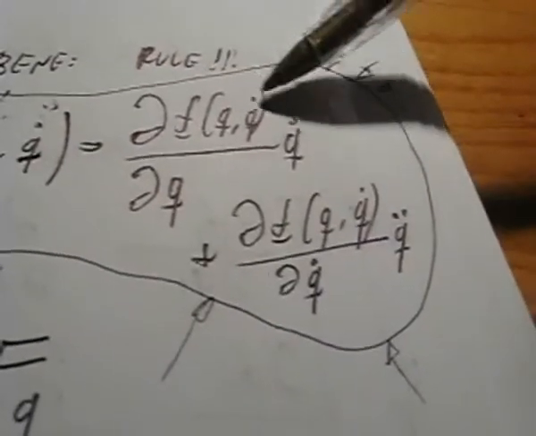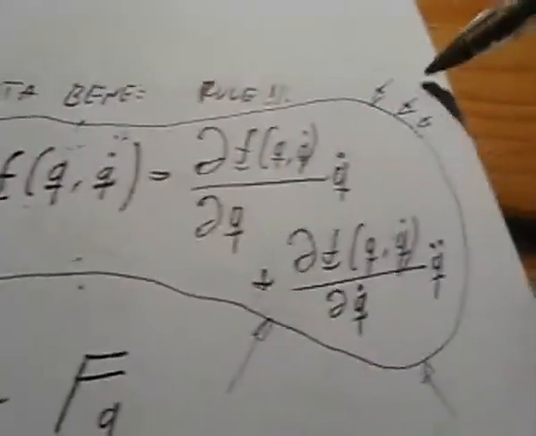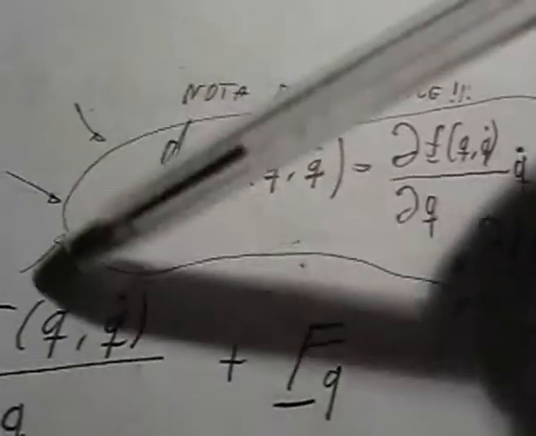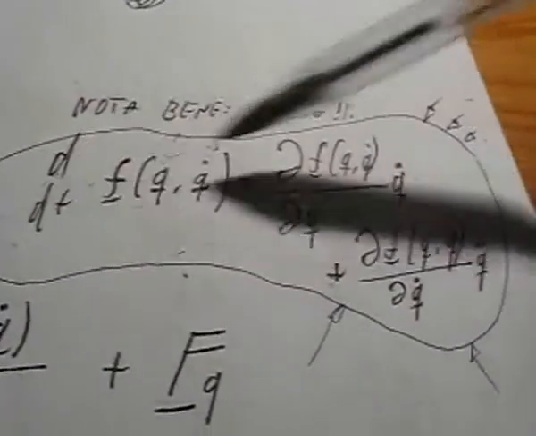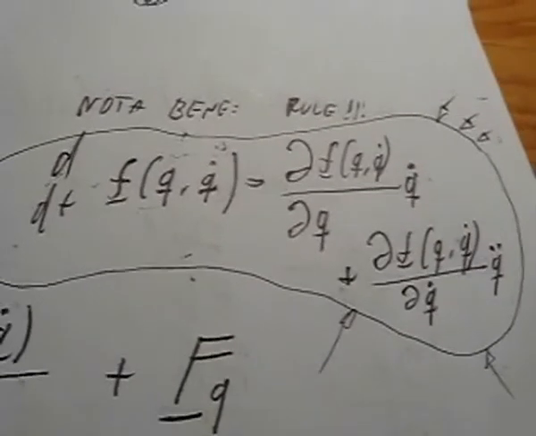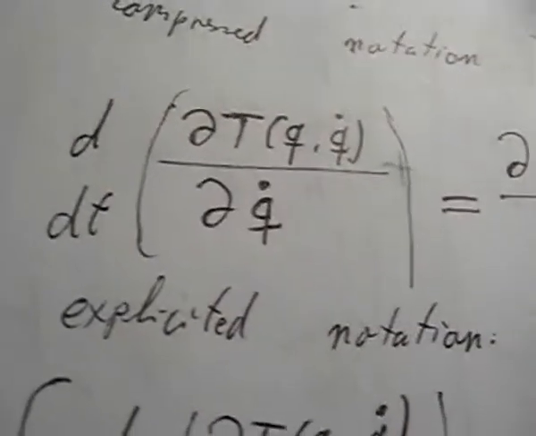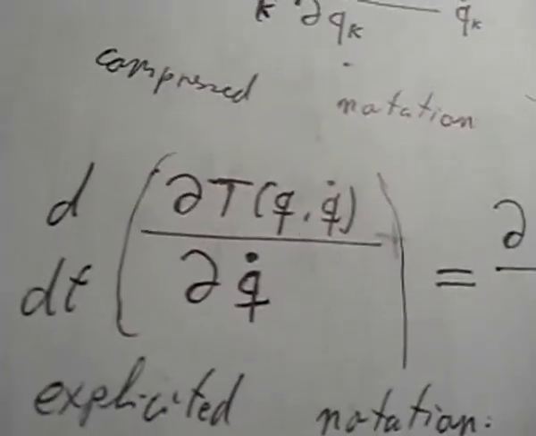This sometimes causes a lot of confusion. That's why I wrote a nota bene here. I put these arrows here to indicate this rule. If you understand this, most confusion goes away: Lagrangian dynamics is very easy, but the notation and the fact that there are lots of functions inside functions can cause some confusion.